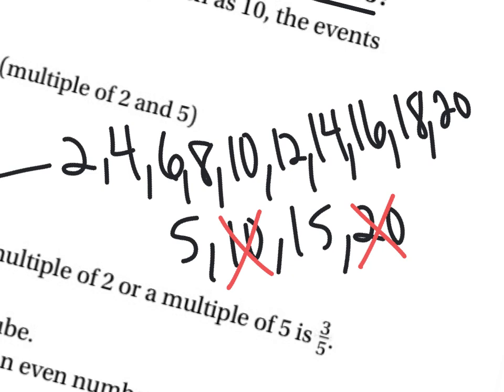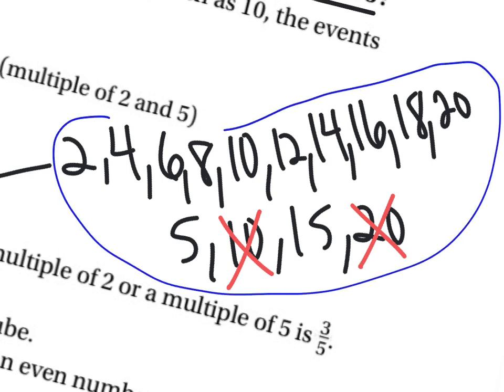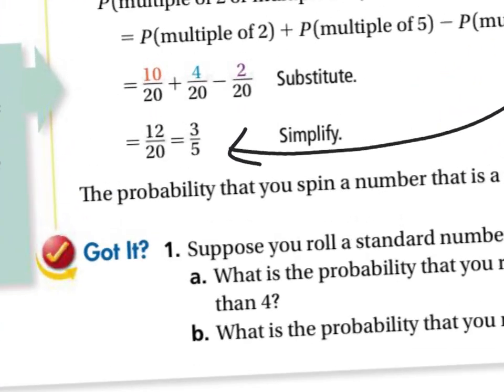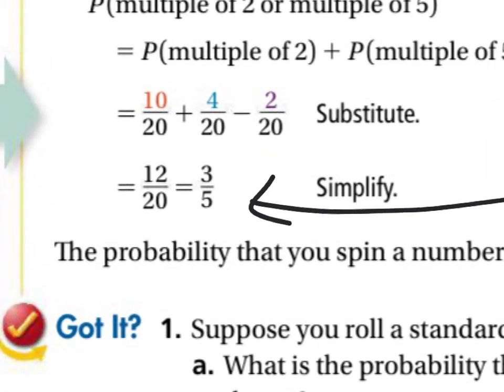If we want a multiple of 2 or a multiple of 5, notice the 10 and the 20 were multiples of 2 and multiples of 5. We just want to make sure we don't count them twice. So one way of doing this is we can just count these up. We got 1, 2, 3, 4, 5, 6, 7, 8, 9, 10 multiples of 2 here. And then 2 more multiples of 5 that we haven't counted yet. That's a total of 12 out of 20. And that reduces to 3/5.